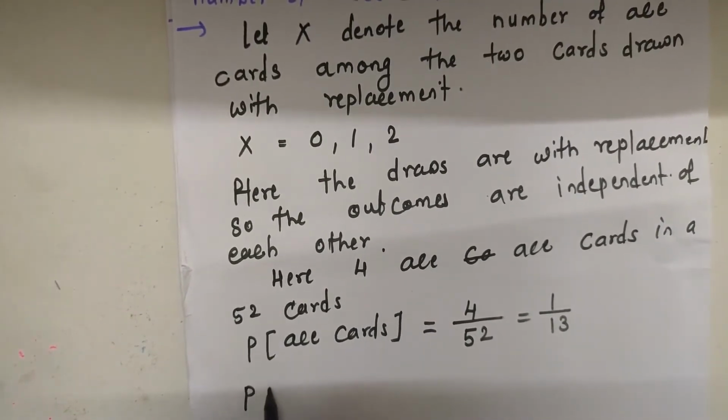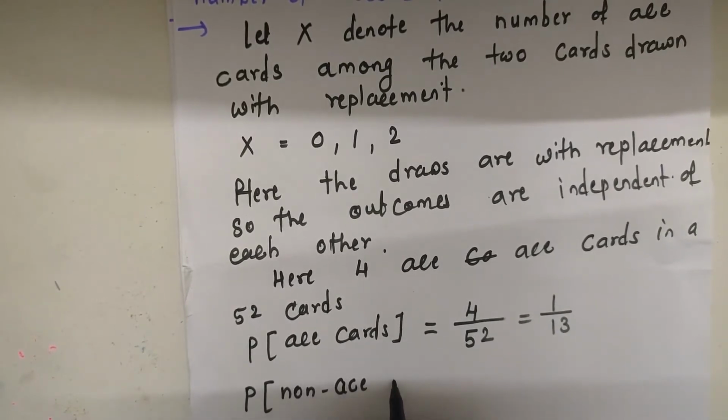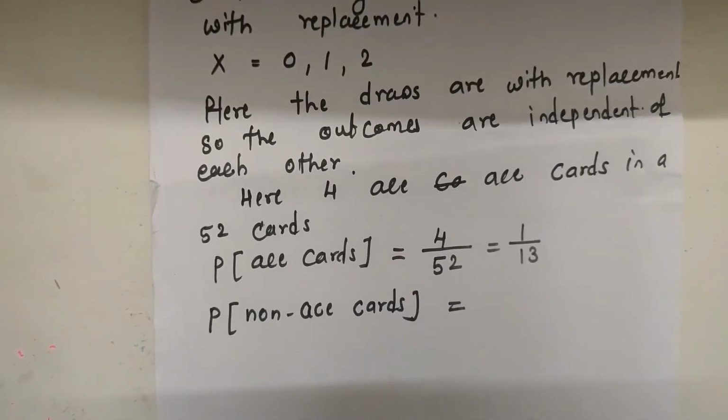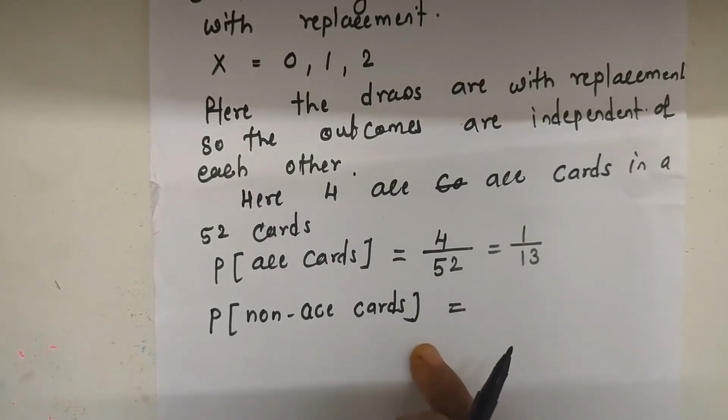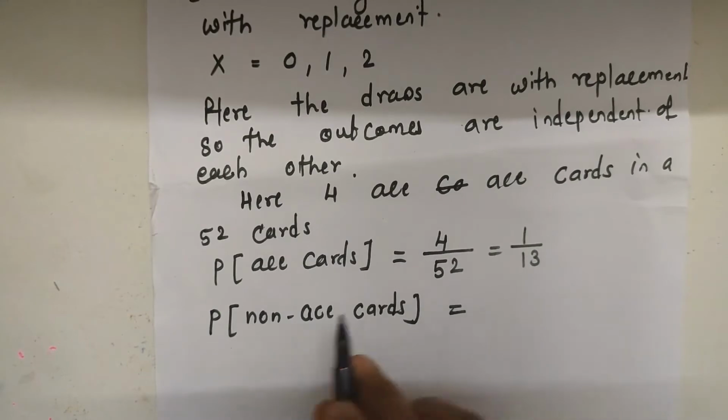Similarly, we can find the probability of a non-ace card. The remaining cards are called non-ace cards. So 52 minus 4 is 48.